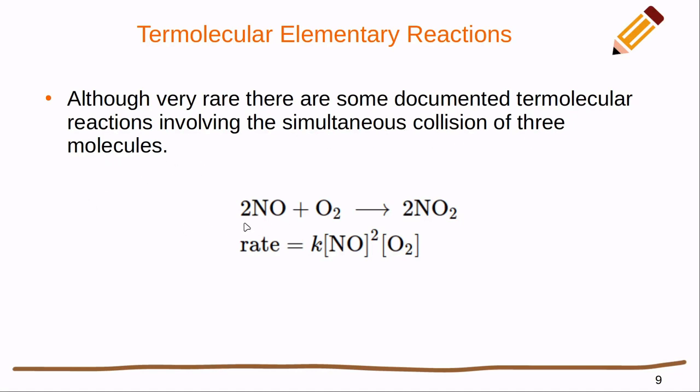An example here is where we have nitrogen oxide colliding with an oxygen molecule to form nitrogen dioxide. In this case, again, we have this elementary equation that is the same as the net equation, and we can say that the rate is equal to k times the concentration of NO squared times the concentration of oxygen.